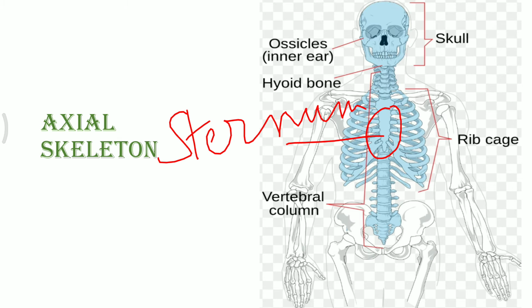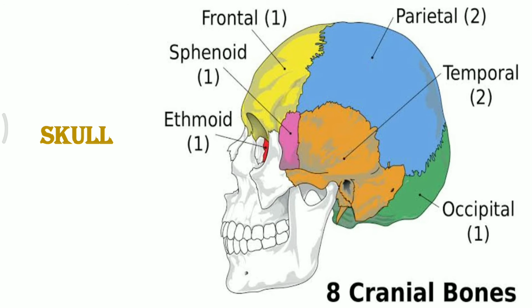So let's discuss the first part of the axial skeletal system, that is the skull. The skull is the head, and we are aware that it is supported by the vertebral column, on top of the vertebral column. It is made up of the hardest and densest kinds of bones.